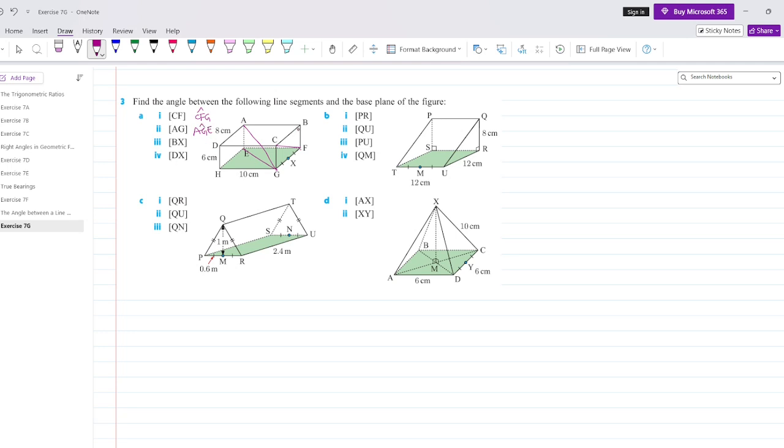BX is this line, its projection is going to be FX, so the angle is going to be BXF. DX is going to be this line, and its projection is going to be HX, therefore the angle is going to be EXH.